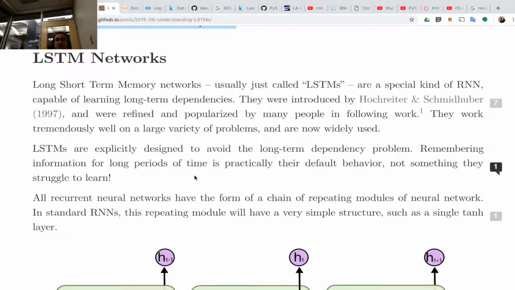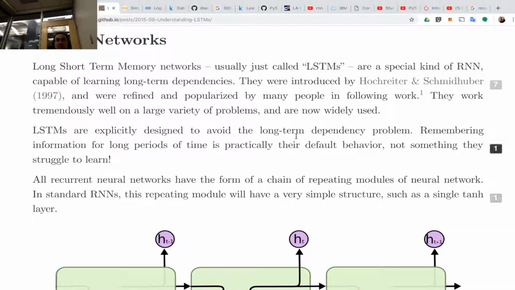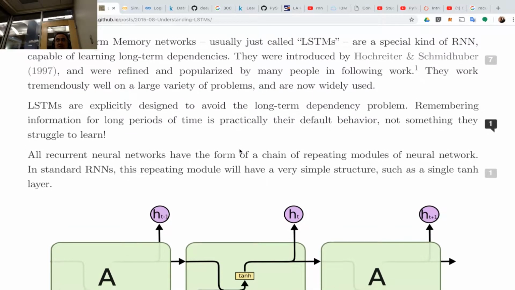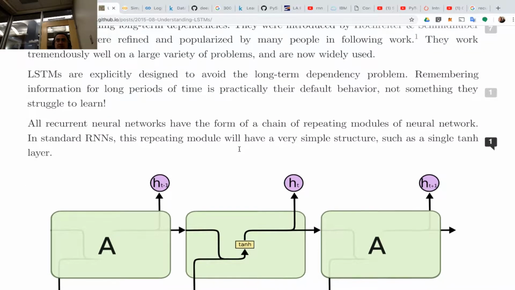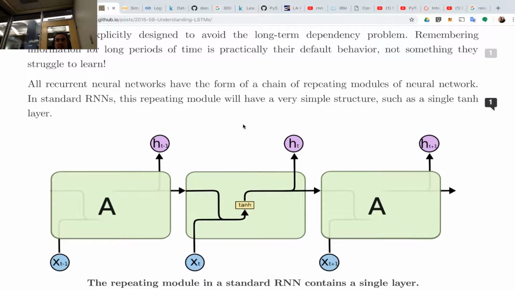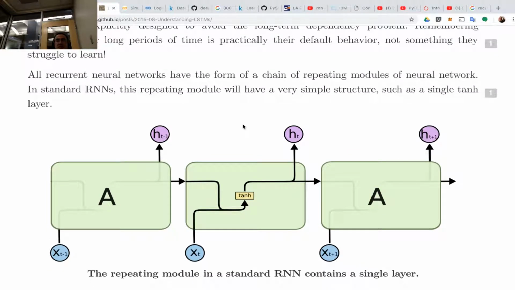LSTM are explicitly designed to avoid the long-term dependency problem. Remembering information for long periods of time is practically their default behavior, not something they struggle to learn. Recurrent neural networks have the form of a chain of repeating modules of neural networks. In standard RNN, this repeating module will have a very simple structure, such as a single tanh layer.